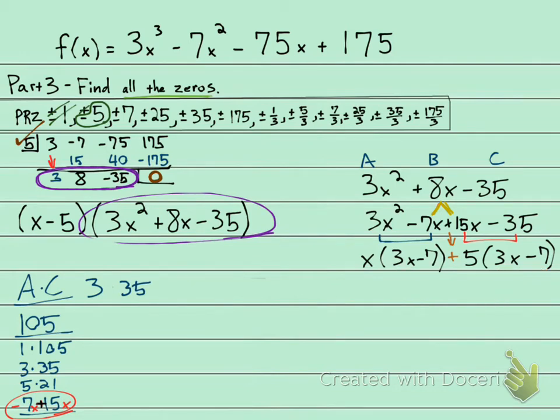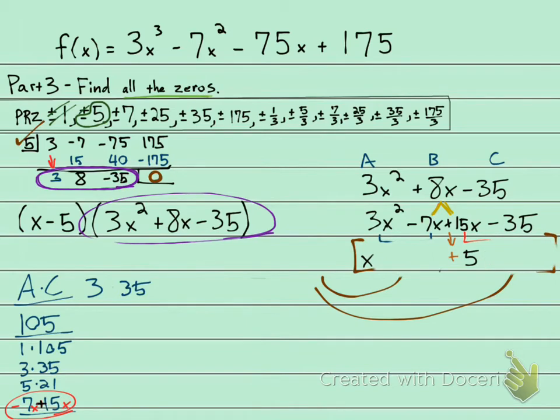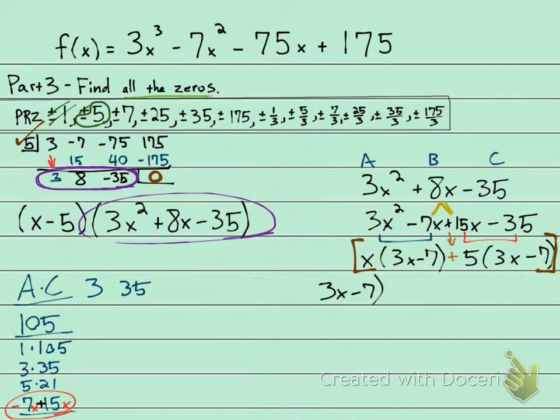So when I take that out of the whole thing, and it's gone, what would I be left with? X plus 5. So I have 3x minus 7 out in the front, x plus 5 here. Okay, so this is another way, the AC method, to factor this thing.